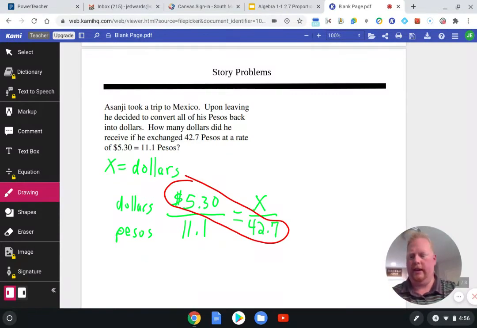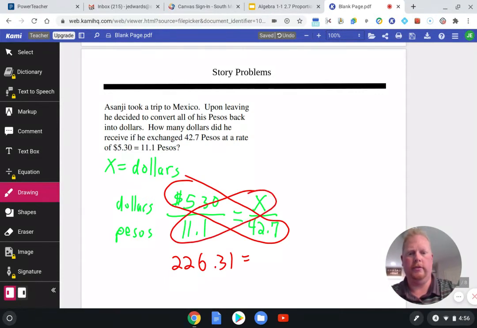Get out that calculator. $5.30 times 42.7. So I get 226.31 equals 11.1x.